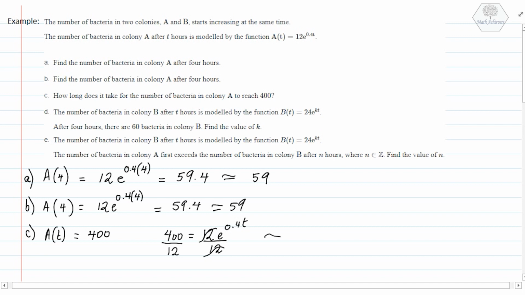So I'm having e to the power of 0.4t is equal to 400 over 12. To get rid of the e, I need to use ln for both sides. So I use ln here and ln here.